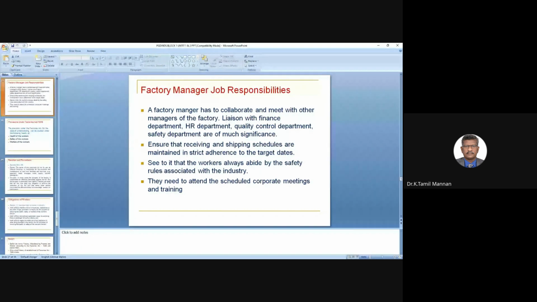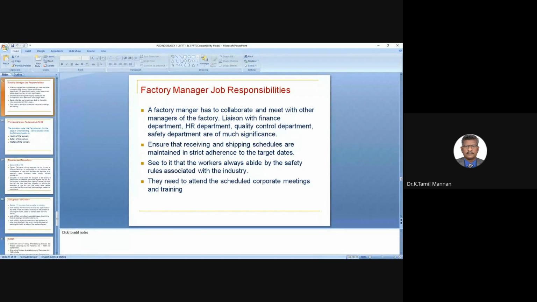To ensure the receiving and shipping schedules are maintained with strict adherence to the target dates. So the receiving, shipping, and transporting schedules should be maintained in strict adherence to the required target dates.